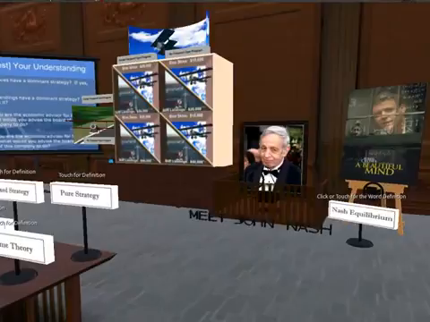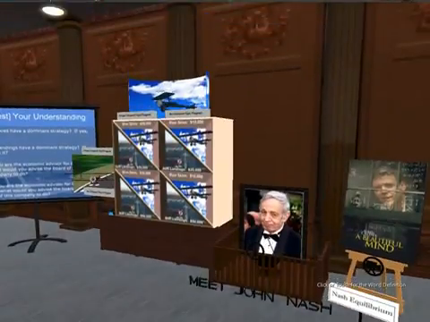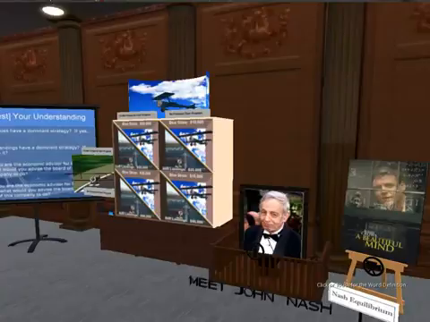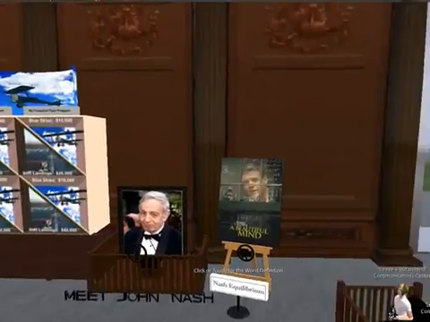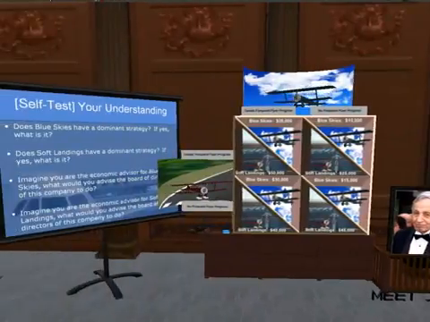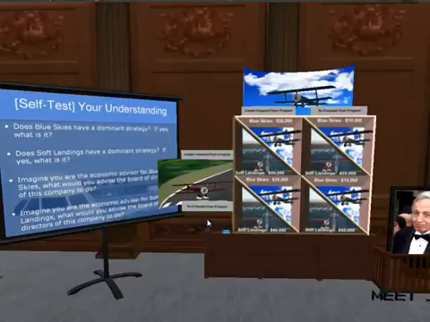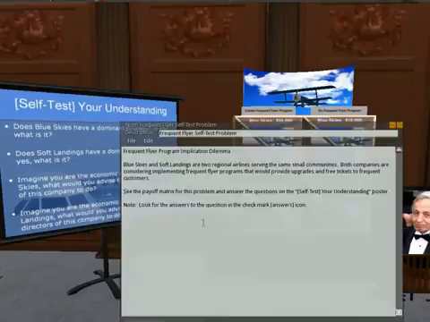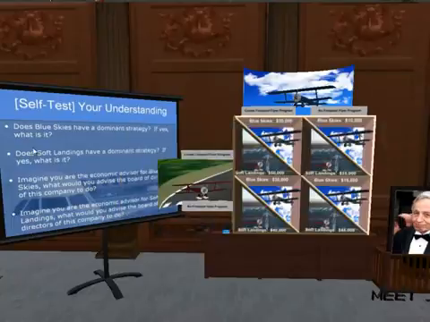A self-test application of the Prisoner's Dilemma dominant strategy concept is located in the Judge's Bench section. The self-test includes three components: the game sketch, the self-test questions, and the answers to the self-test.